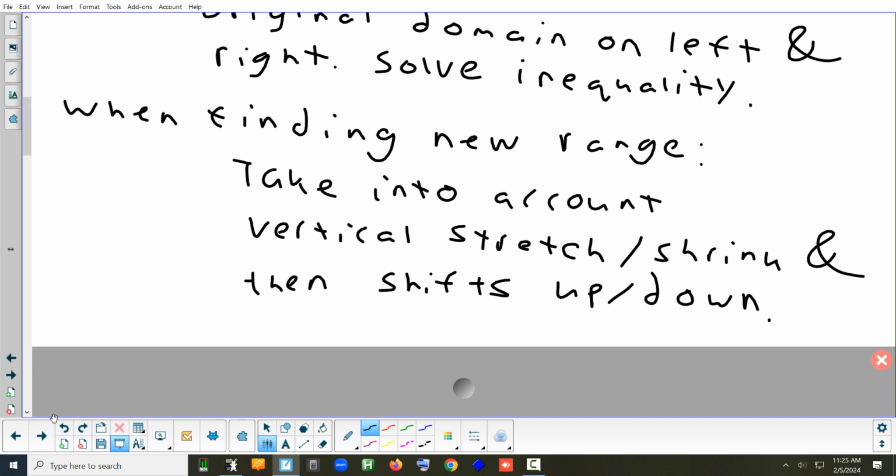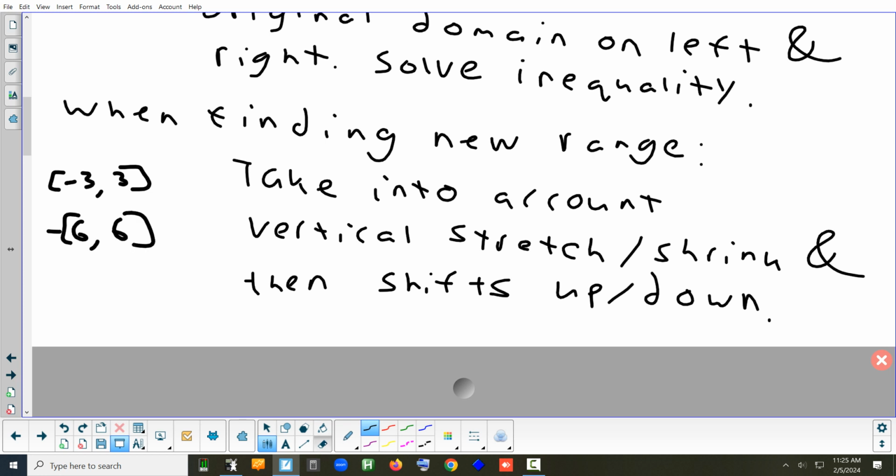All right, so let's pick some simple numbers. Let's say you had a range that was originally, I'm just going to make up something, -3 to 3. If you stretch that by a factor of 2, what would happen to it? It would become -6 to 6.